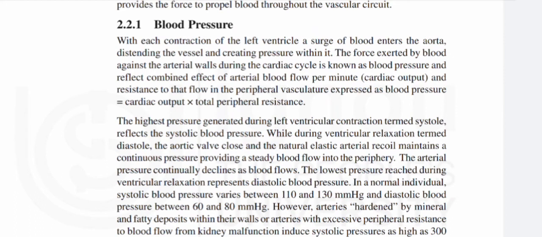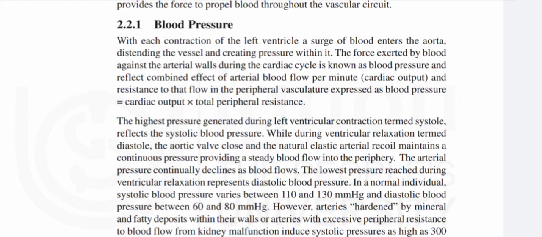The highest pressure generated during left ventricle contraction, termed systole, reflects the systolic blood pressure, while during ventricular relaxation, termed diastole, the aortic valve closes and the natural elastic arterial recoil maintains a continuous pressure, providing a steady blood flow into the periphery.